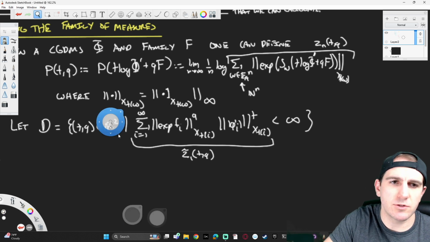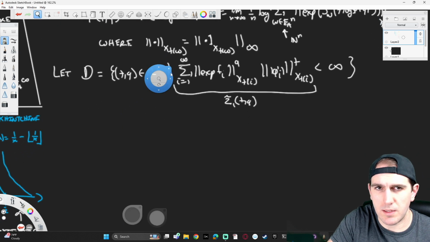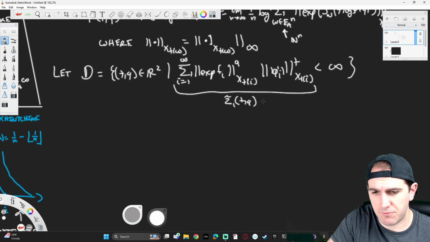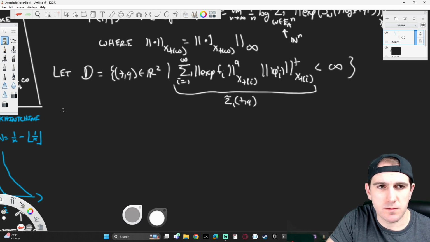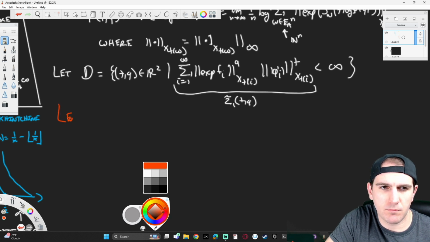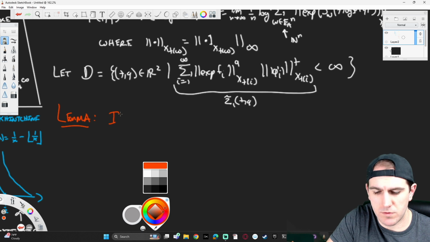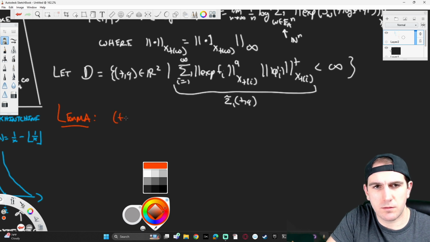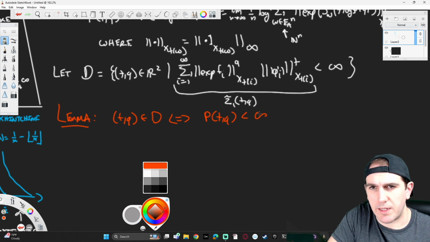And one of the things that I show in the document is, here's a lemma: TQ is within D if and only if the pressure at TQ is finite.